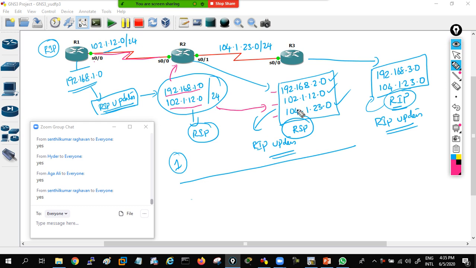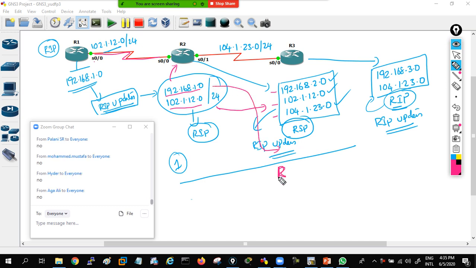Then Router 2 receives it, checks its routing table and compares. Do I know about the 192.168.1 network? Say, everybody, does Router 2 know about the 192.168.1 network? No, it doesn't. Then immediately Router 2 takes that route as a RIP route.